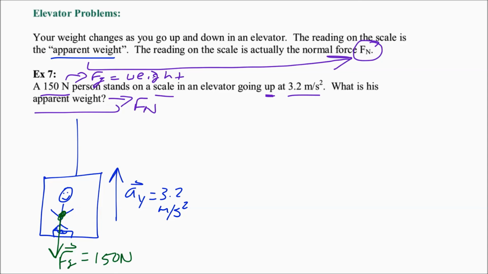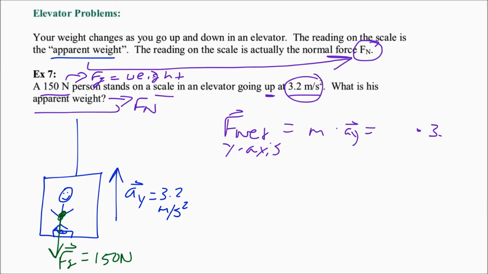Alright, so let's do our Fnet statements. Fnet in the y-axis, we'll always do Newton's second law first, so that's equal to the mass times the acceleration in the y-axis. In this case, the acceleration in the y-axis is this 3.2 meters per second squared. It's the mass that they did not give us at this point.